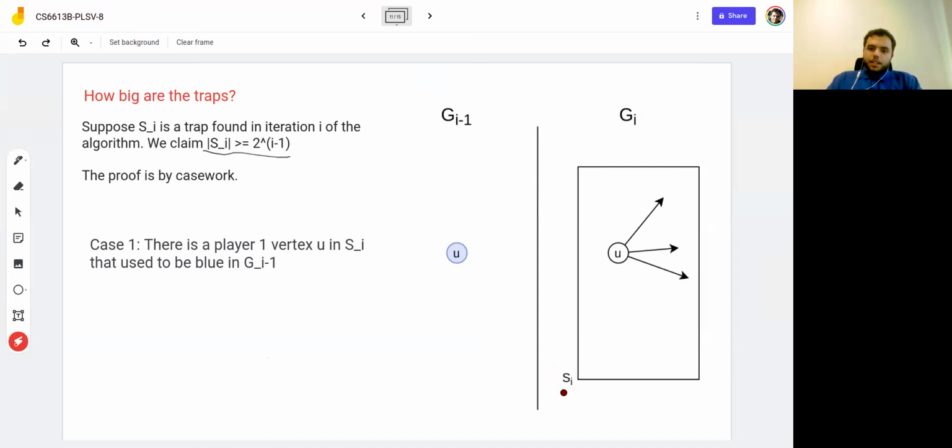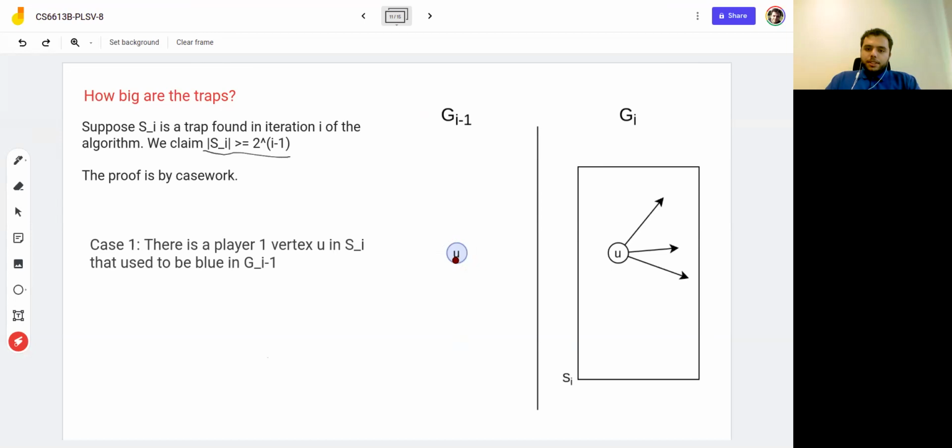Okay. So the first case that I want to consider is if there is a vertex in this new trap S_i that used to be blue in the previous iteration in the graph G_{i-1}. And remember that if it's blue in G_{i-1}, it means that this vertex belongs to player 1, and also its out-degree in the original graph was more than 2 to the power of i minus 1. Right? So that was the definition of blue.